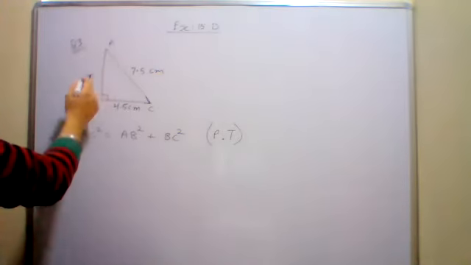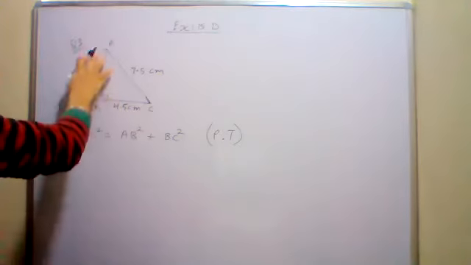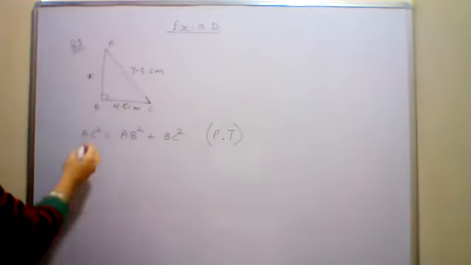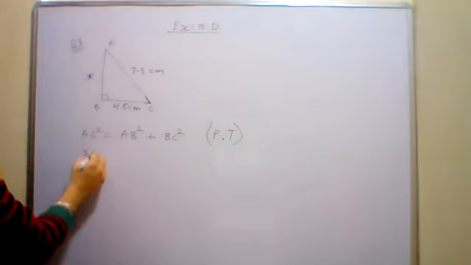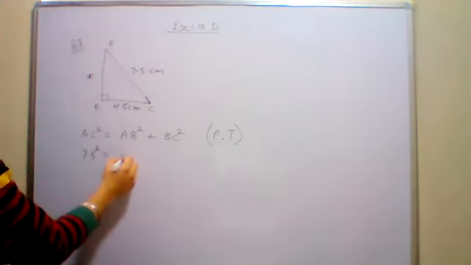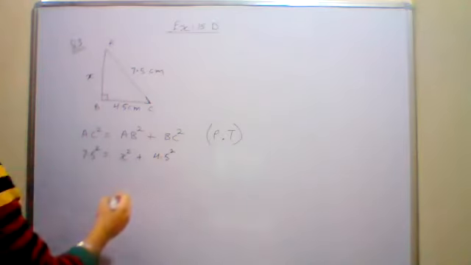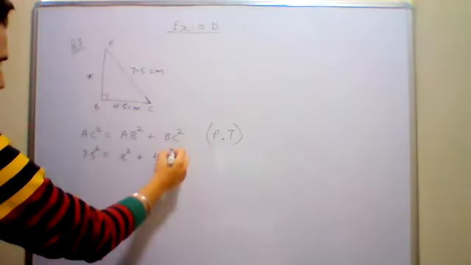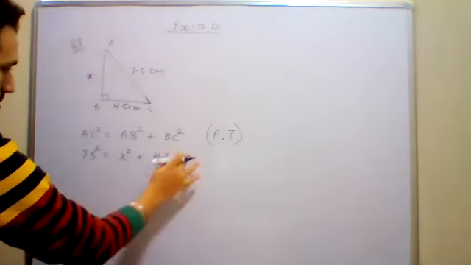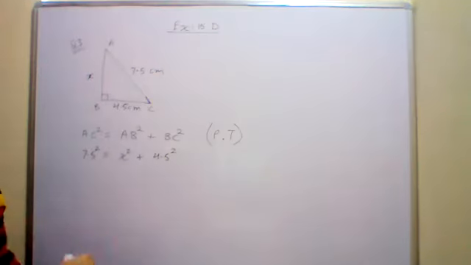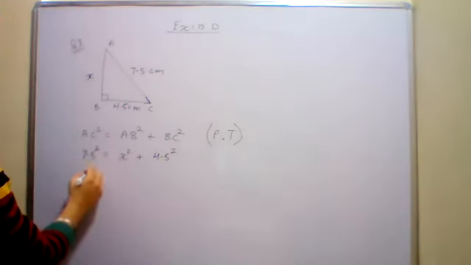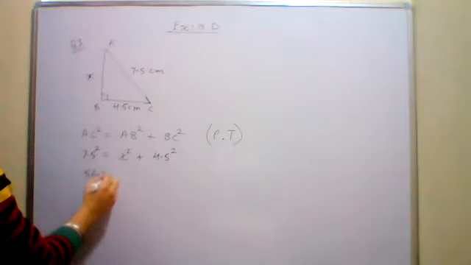You have to find the missing side, which is x. We have assumed that the third side is x. So AC square, that means 7.5 square, is equal to x square plus 4.5 square. 7.5 square is equal to 56.25.